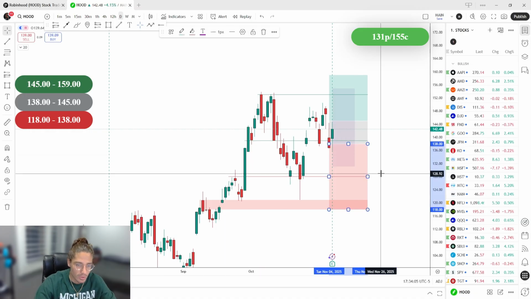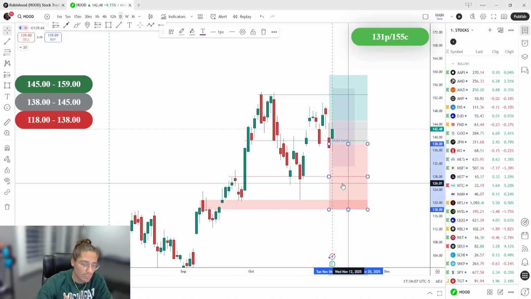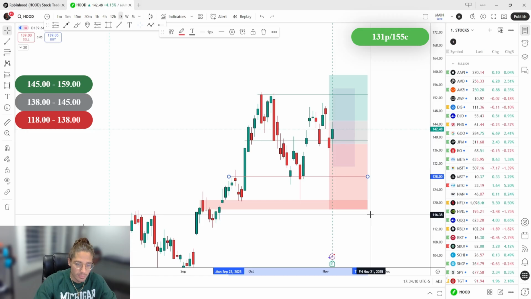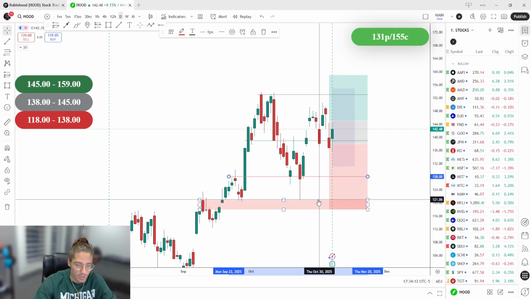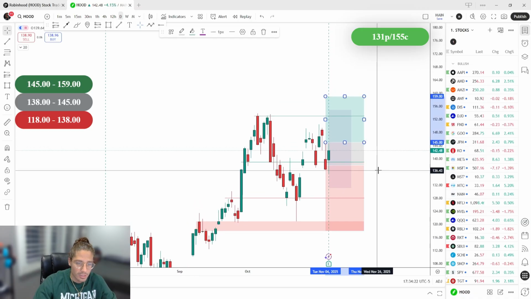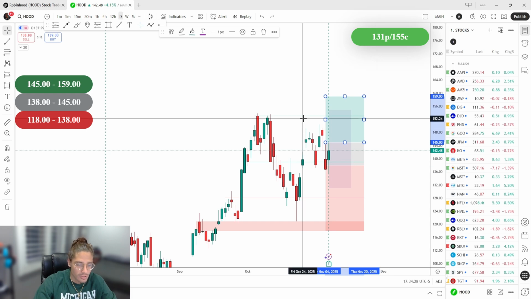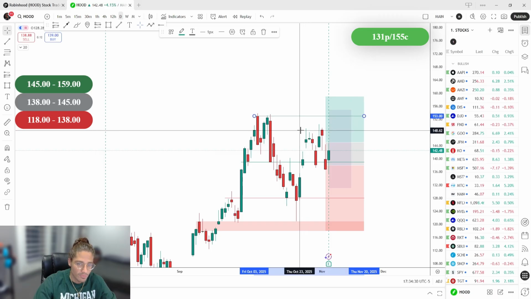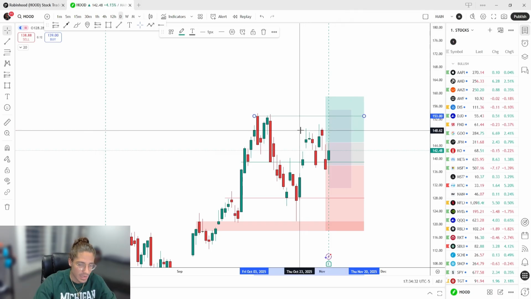Safer entries will be at 138, targeting all the way down to 118. Bears can also make multiple take profit levels looking at 128, 121, and then the final level, as previously mentioned, at 118. To the upside, bulls are going to start looking for longs at 145, targeting all the way up to 159, setting new all-time highs, or they can just target previous all-time highs at 153 or 153.91.